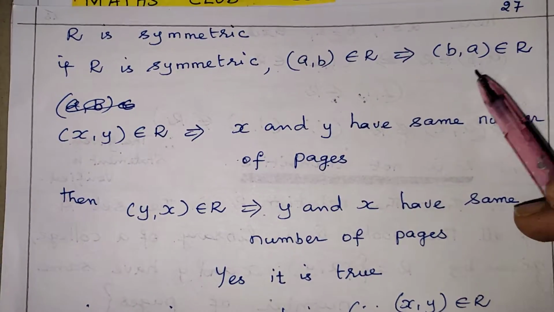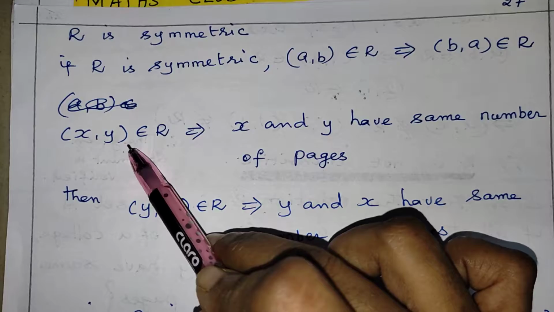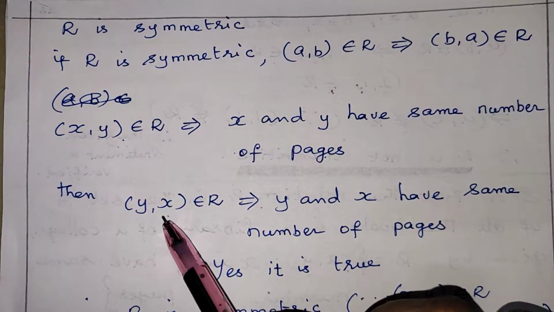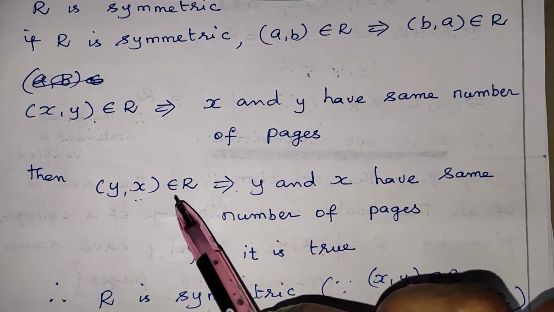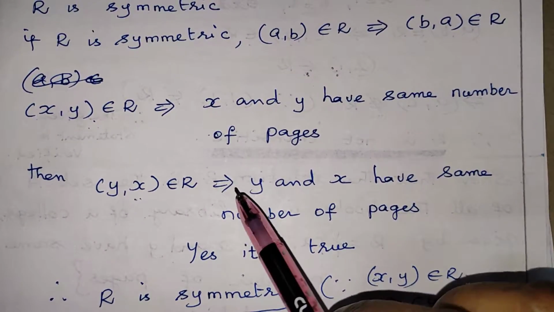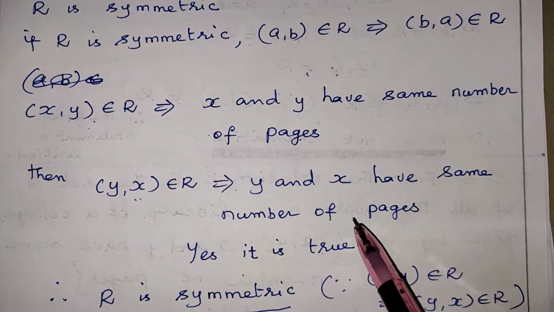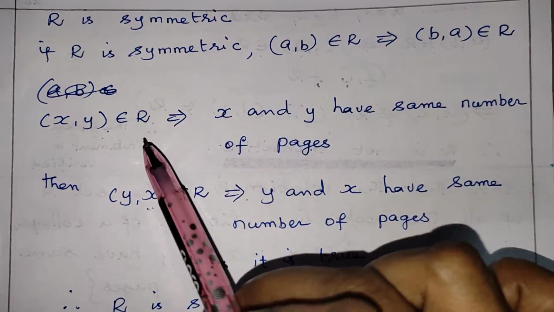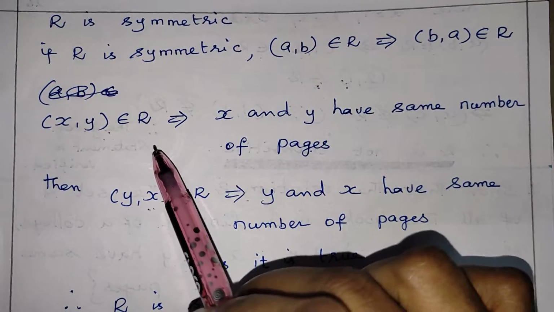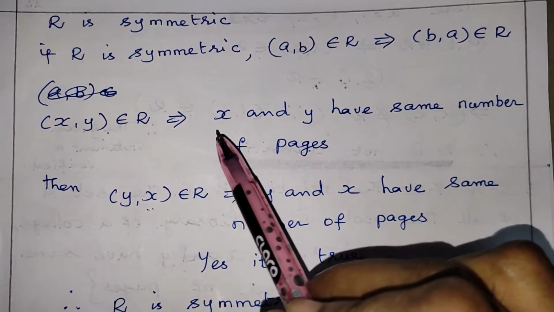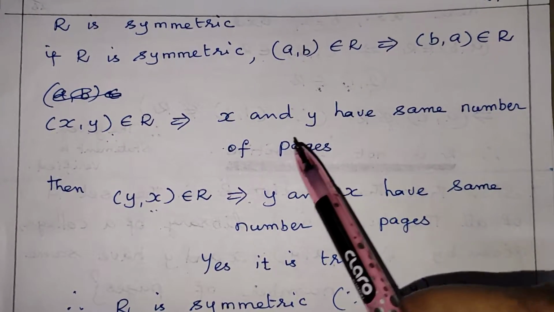(b, a) means here (y, x). Here we are taking x and y, so therefore we are taking y and x here. (y, x) belongs to R. That implies y and x have the same number of pages. Here x is one book, y is another book, and x and y have the same number of pages.